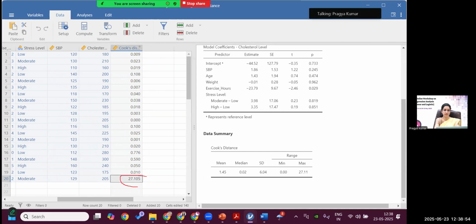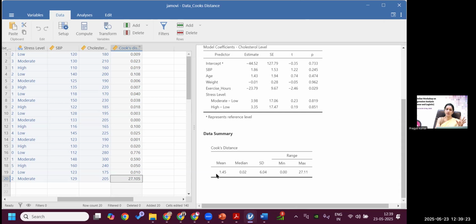If the Cook's distance is more than 1, I need not include this data point in my regression analysis. Okay. Am I making sense to all of you regarding this Cook's distance? It should be less than 1. Cook's distance should be less than 1.